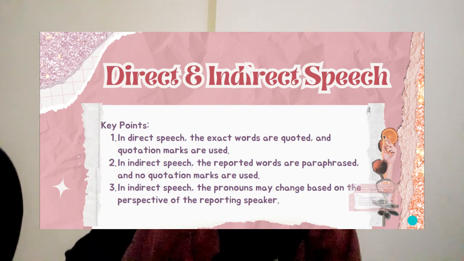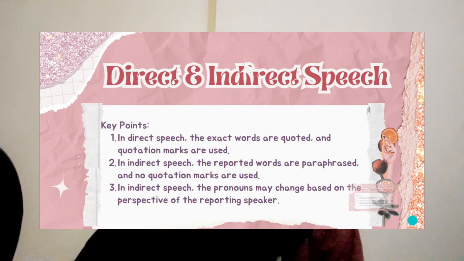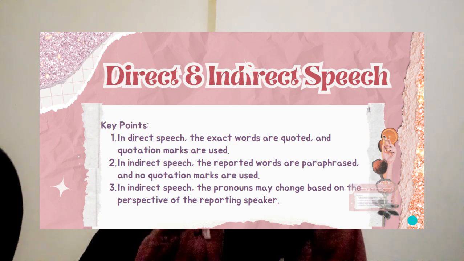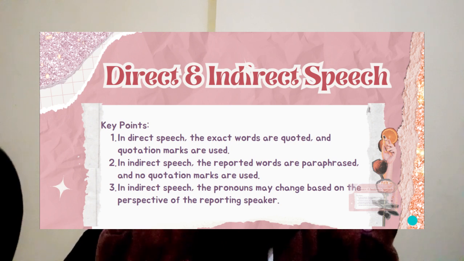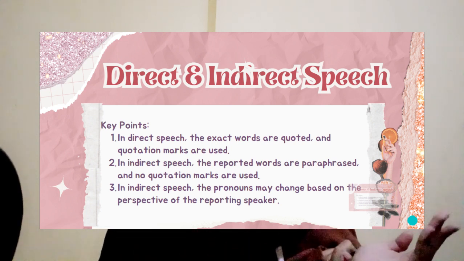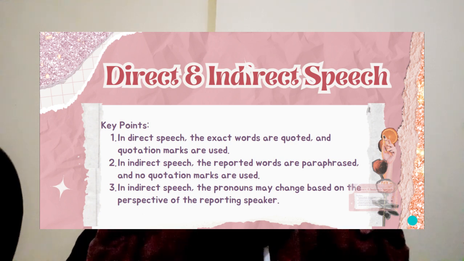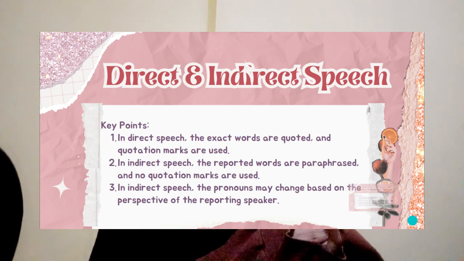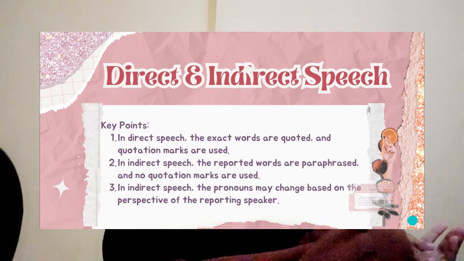Additional information about direct and indirect speech. In direct speech, the exact words are quoted and quotation marks are used. So if you stumble upon a sentence with quotation marks, there is a big chance that it is direct speech. And in indirect speech, the reported words are paraphrased and no quotation marks are used.